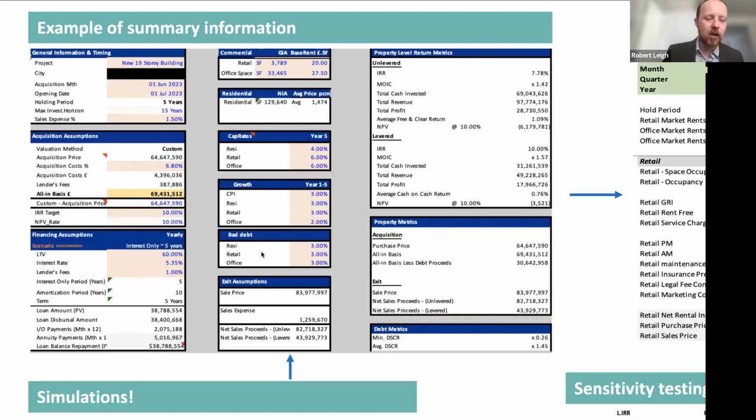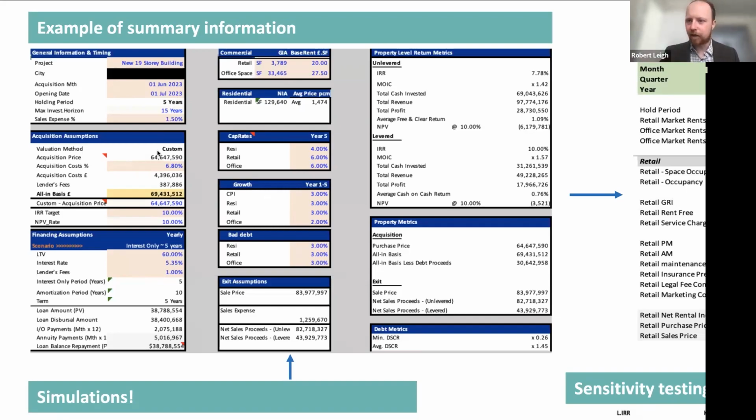Well, we can see that they've got a variety of summary information that the reviewer can look at the beginning. We've got, for example, what the rents are going to be. We've got information about the holding period here in the top left, any expenses that we may have, investment horizons, what have you. You might want to talk about the valuation method you use.